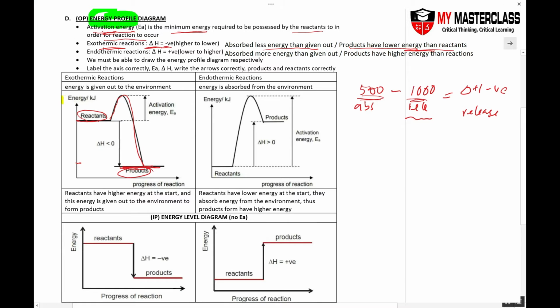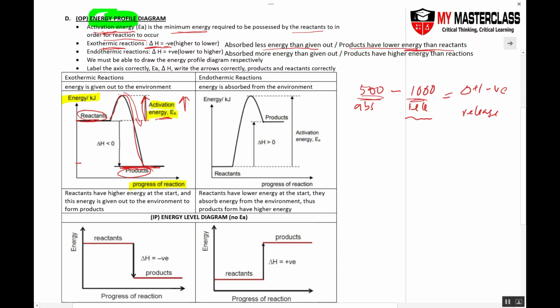Label your axis correctly. So kilojoules and progress of reaction or time. Okay, and then we have to label your activation energy. So activation energy is how much energy is needed. Reactant reaches this amount, then reaction can take place. So this is your activation energy. It must be an upward arrow.